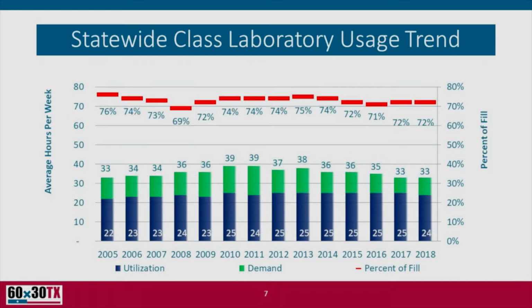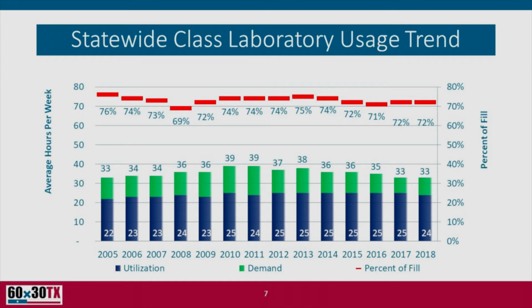This chart here gives you a statewide classroom usage trend. Earlier, the coordinating board used to calculate the classroom efficiency, but it wasn't used for anything until about 2008. It's just an area of information for your institution.